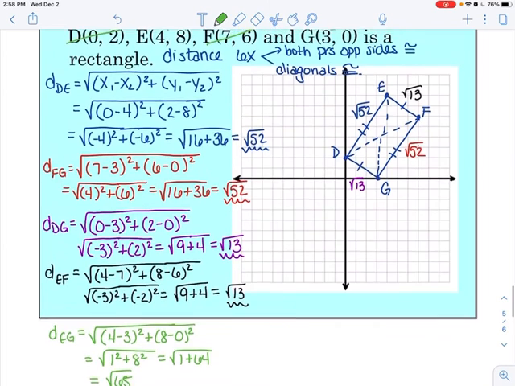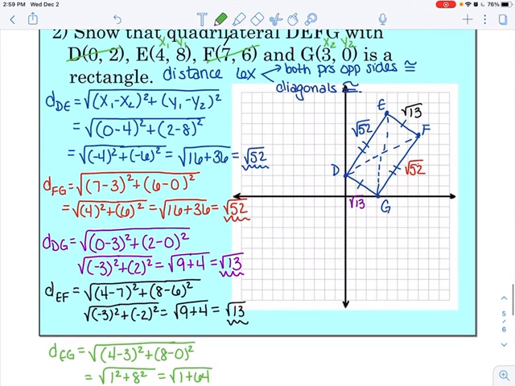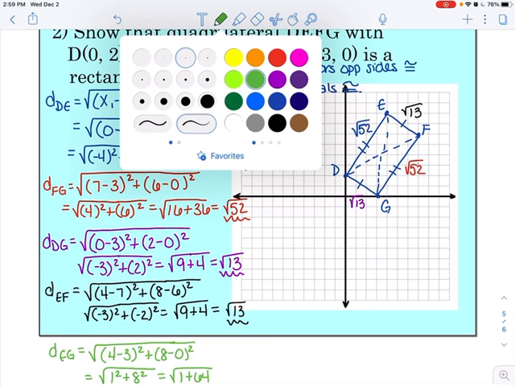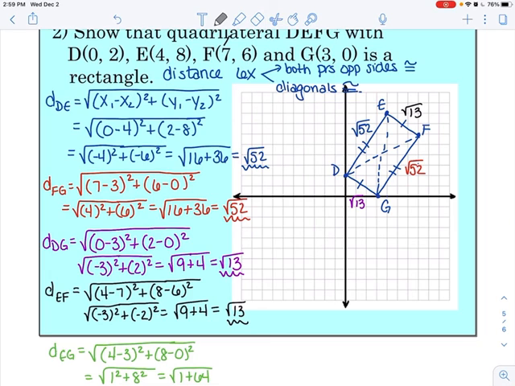And now last but not least, I am going to find DF. Okay, so this time around, how about gray? This time around again, I want to find DF, which means I'm ignoring E and G. So this time around, I'm going to have X1, Y1, and X2, Y2.